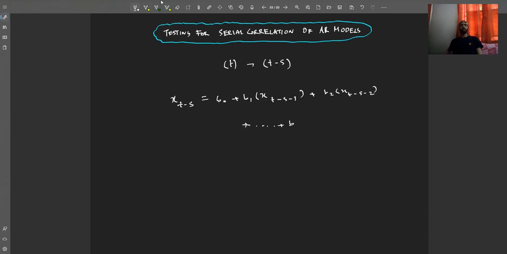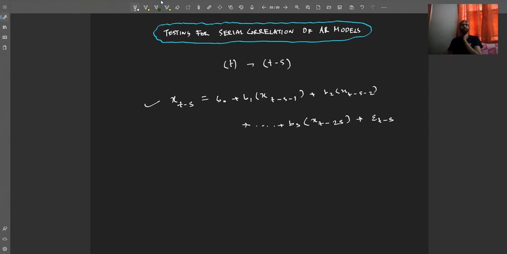So plus b s x t minus 2s, plus the error for the variable x t minus s. So this is the first equation that we develop.